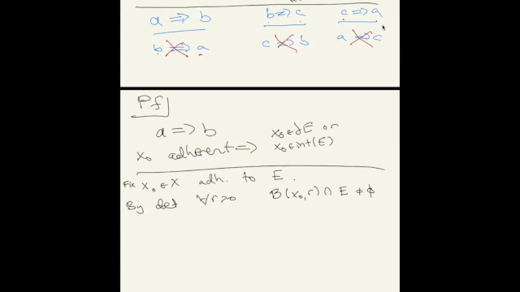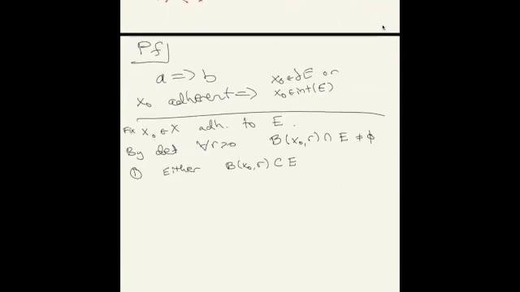Now, there are two cases. Either there exists some radius such that B(x0, r) has all of its elements contained in E, or this is not the case.